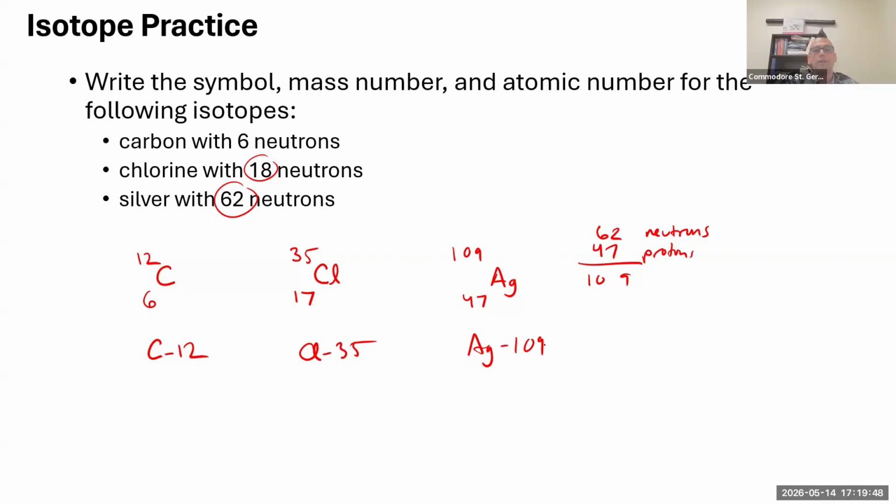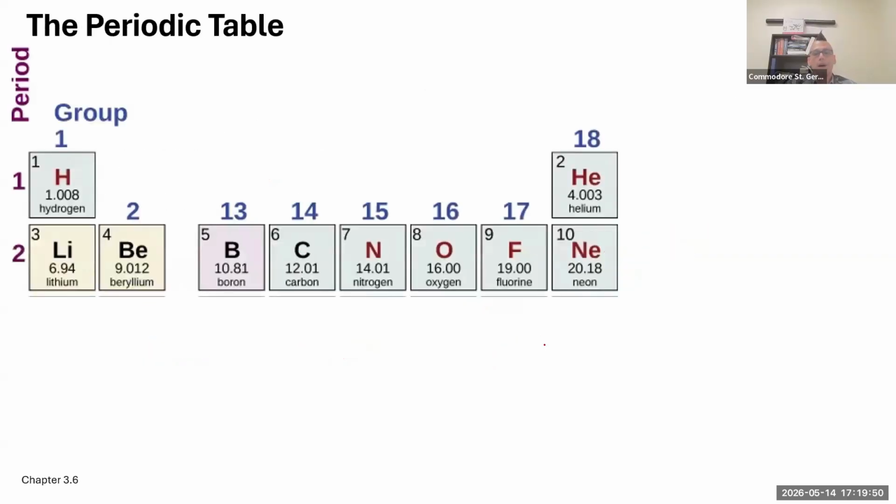All right, let's keep moving. The periodic table, I just want to show you this again because we're going to start now diving into these numbers, right? Again, we saw that this was something called atomic mass. And this is 1.008. Again, this is going to be grams per mole or atomic mass units.